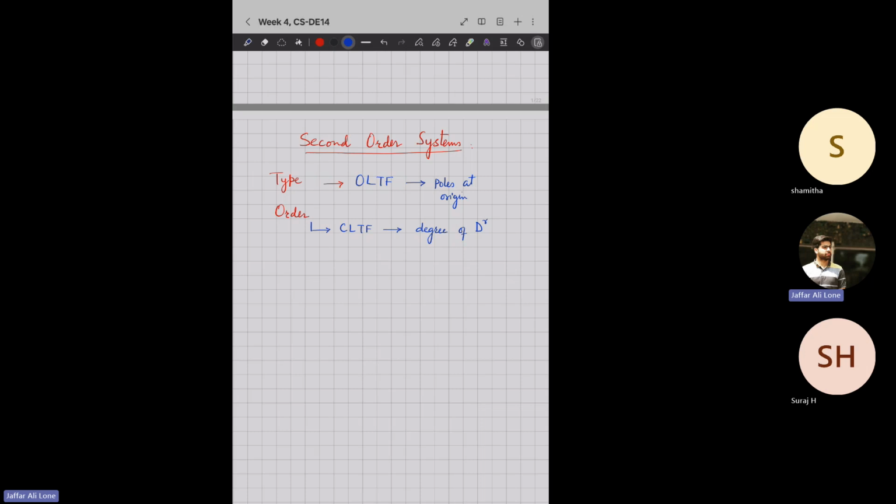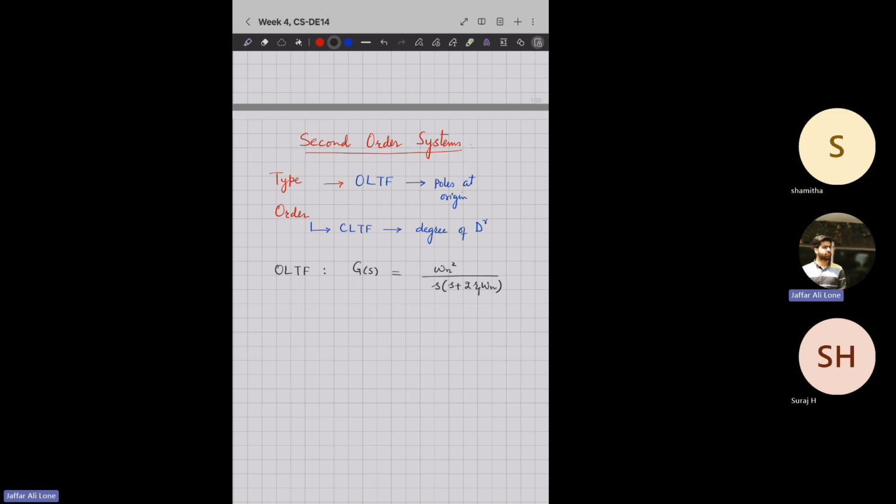So I'll just quickly write the OLTF, open loop transfer function of a second order system. I'm denoting it with G(s). It's equal to omega n squared divided by s into (s plus 2 zeta omega n). This is the OLTF of a second order system.